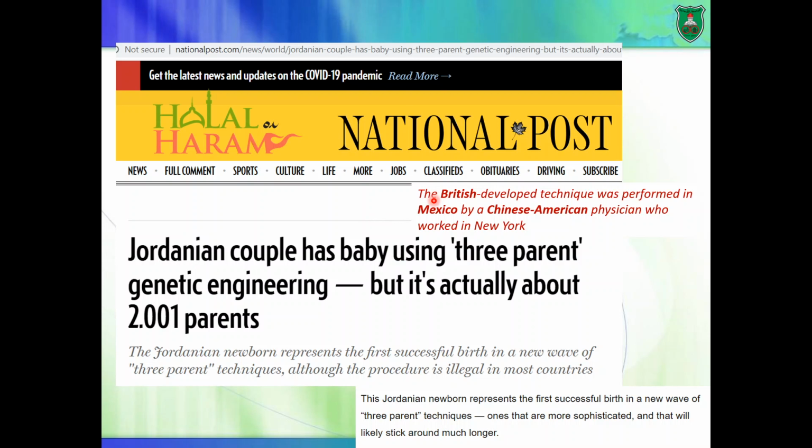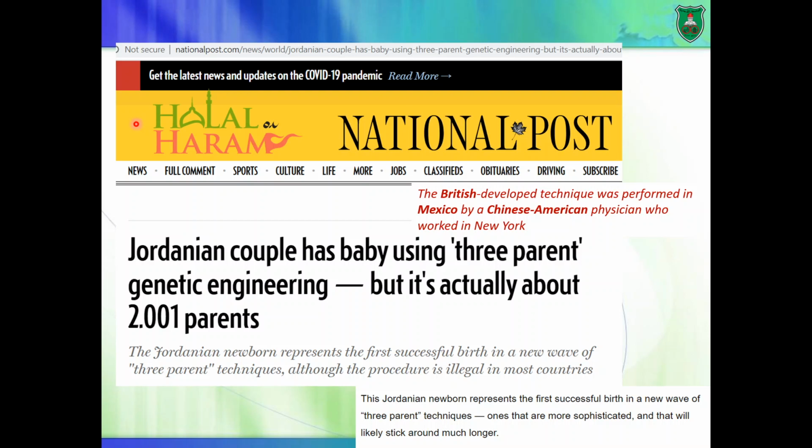So the Jordanian couple got their baby from a British-developed technique, performed in Mexico by a Chinese American physician. Wow, globalization. Here, the Jordanian newborn represents the first successful birth in a new wave of this technique. You can go back to the National Post or any other source and read about it. So is it halal or haram?